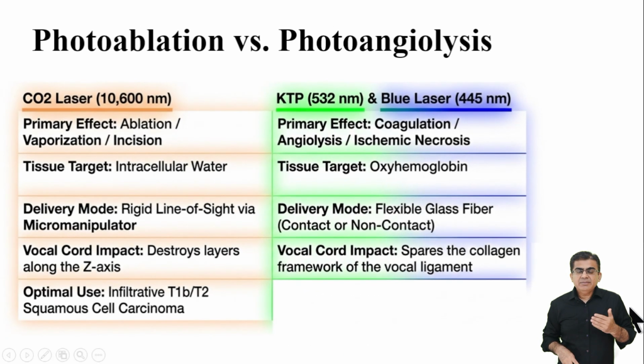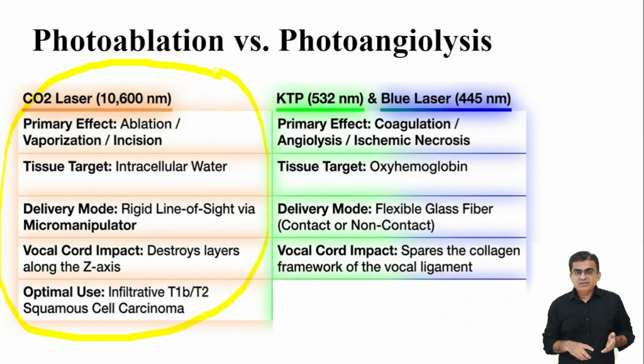Let us look at the fundamental difference between our standard and new lasers. Photoablation versus photoangiolysis. On the left side, we have our traditional carbon dioxide laser at exactly 10,600 nanometers. This is a purely ablative cutting tool. Its primary target is the intracellular water inside the tissue. When the energy hits water, it vaporizes the cells and creates a sharp incision.